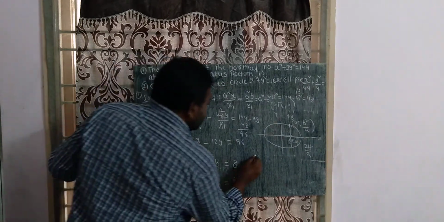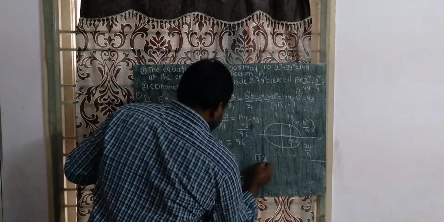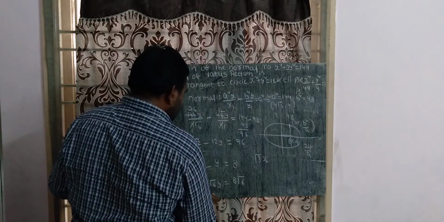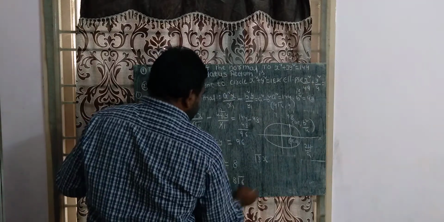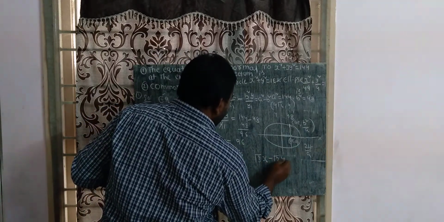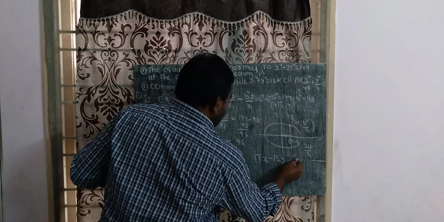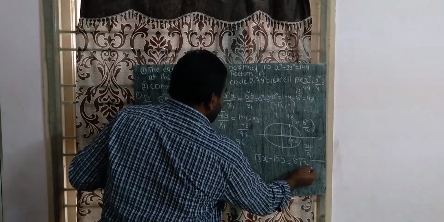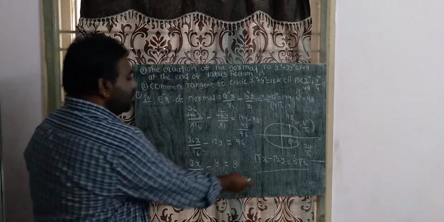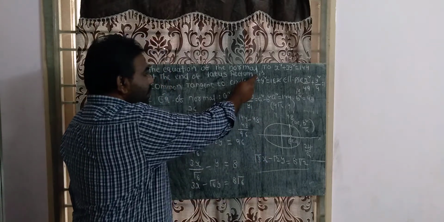So the answer is root 3 x minus root 2 y is equal to 8 root 2. This is the equation of normal to the given ellipse.